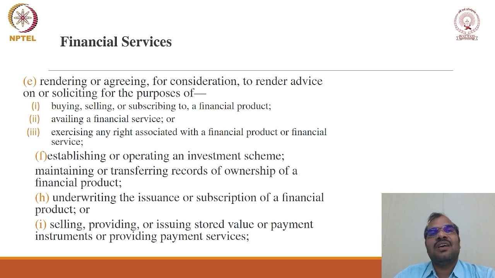Underwriters means, if you fail to receive minimum subscription, these underwriters will subscribe. It is like you are reducing the risk. So whoever is underwriting the issuance or subscription of a financial product is also considered to be rendering financial services.